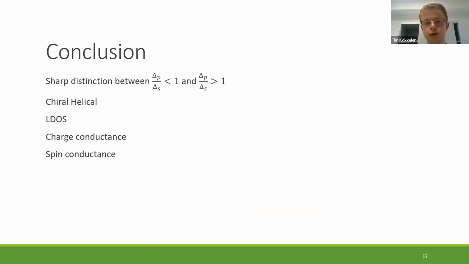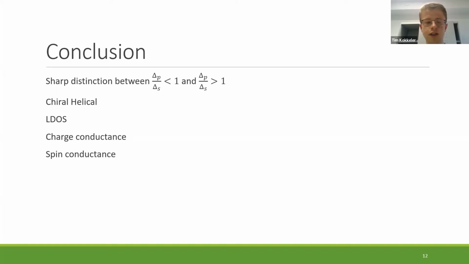So the conclusion is, we saw a sharp distinction between the case where the S-wave is dominant and the case where P-wave is dominant, as expected. And we looked at three different quantities, for the S plus chiral P-wave case and the S plus helical P-wave case.